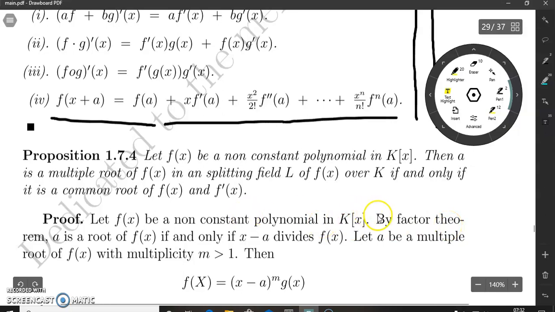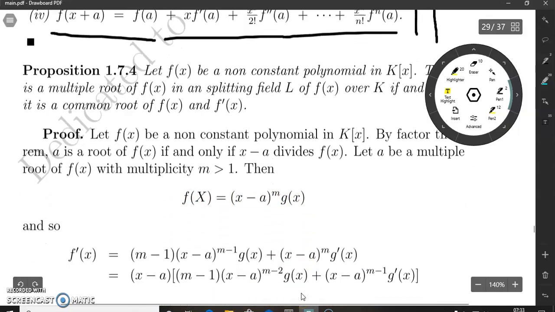You have studied ring theory in the first semester course. By the factor theorem, a is a root of f(x) if and only if x minus a divides f(x). So now we suppose that a is a multiple root of f(x) with multiplicity m greater than 1. Then f(x) can be written as (x minus a) whole power m into g(x).